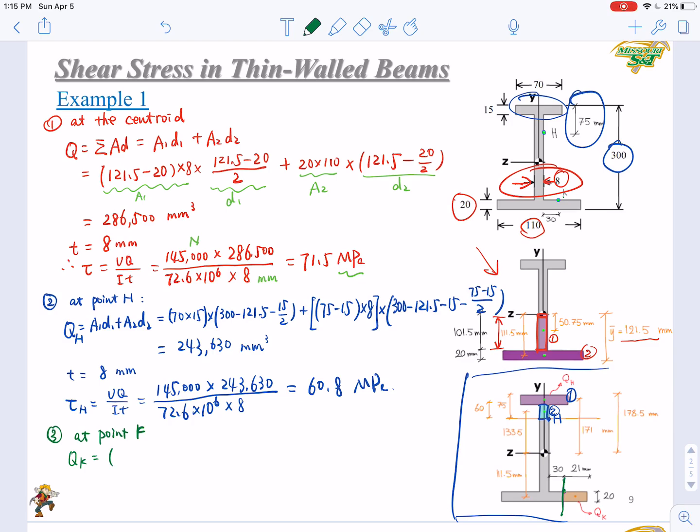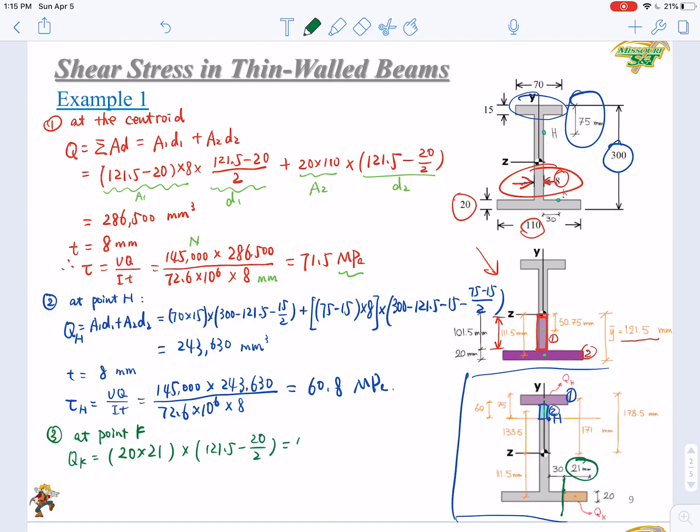The A is just 20 times 21. Hence the dimension here is 21, the thickness is 20. So the D value will be 121.5 minus half of the thickness, 20 over 2.